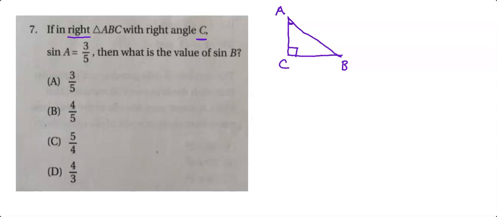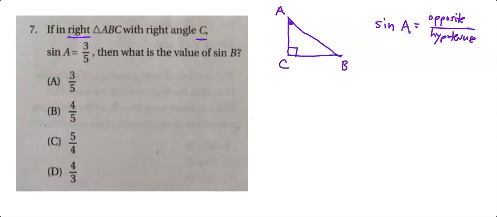Now, one of the key things that you need to memorize for this SAT is that the sine of an angle is equal to the length of the opposite side divided by the length of the hypotenuse. Now, the hypotenuse is always the longest side of the right triangle. It's actually opposite the right angle.